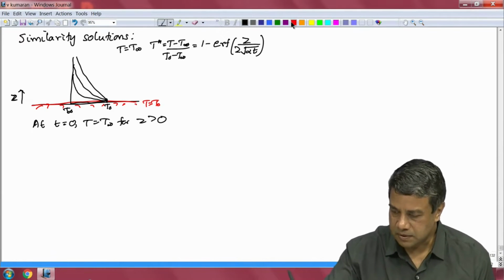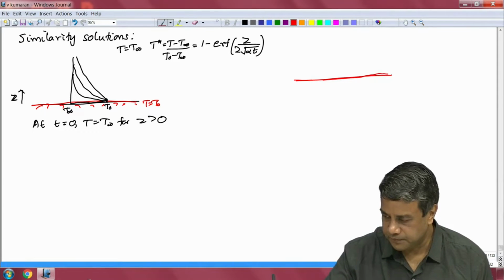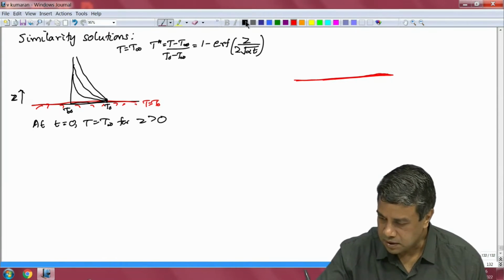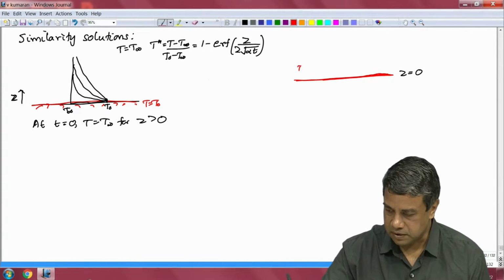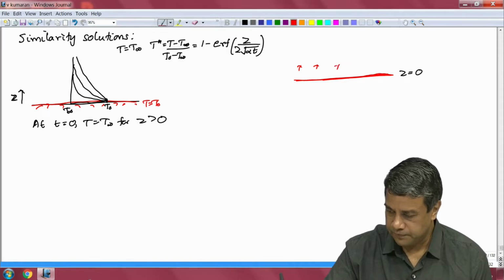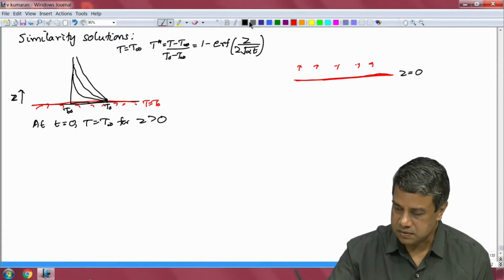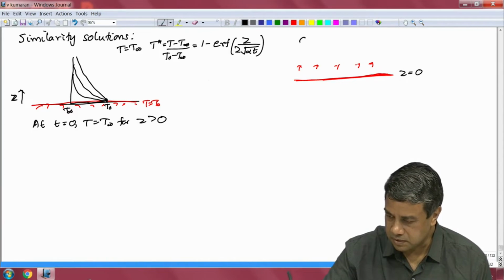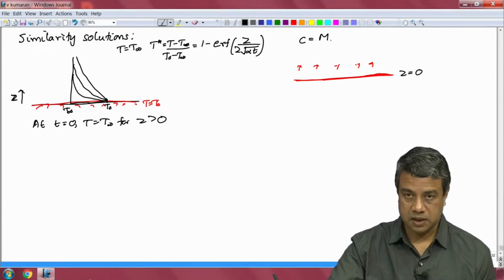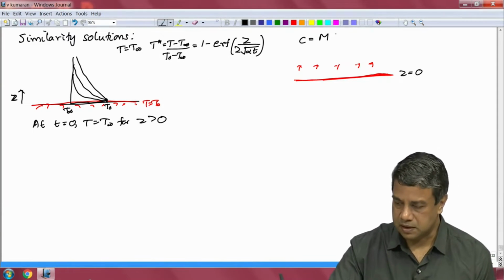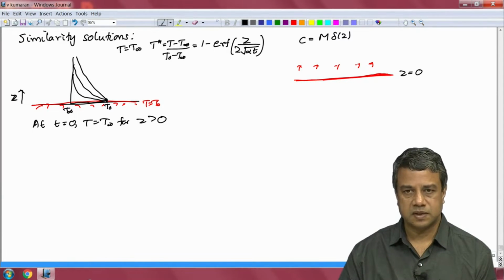And the other problem that we had considered was where you had a pulse injection at the origin, at z equal to 0, and there was diffusion with time. The initial condition in this case was that the concentration is equal to the mass injected per unit area, in one dimension, times delta of z, and the diffusion equation was the same.